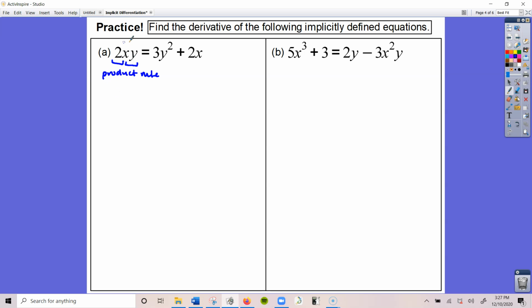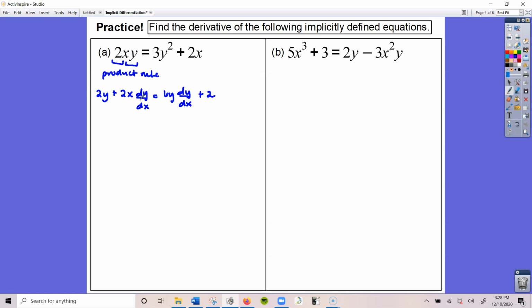So that means that the derivative of 2xy would be the derivative of 2x, so 2, leave y alone, plus now you leave 2x alone, times the derivative of y, which is 1, but then we multiply dy/dx. And that's going to equal 6y dy/dx plus 2.